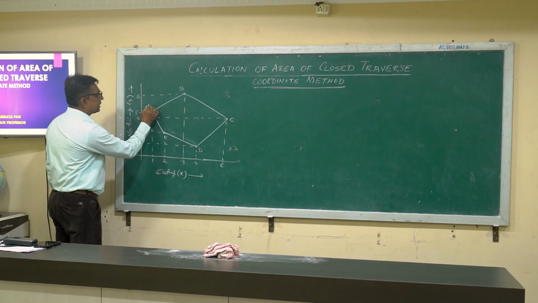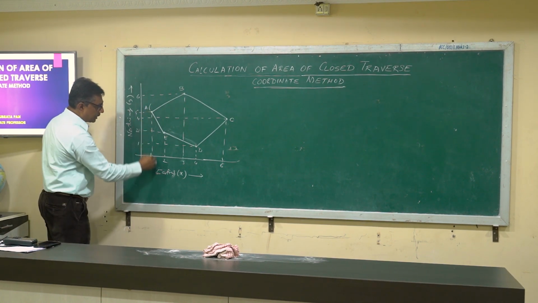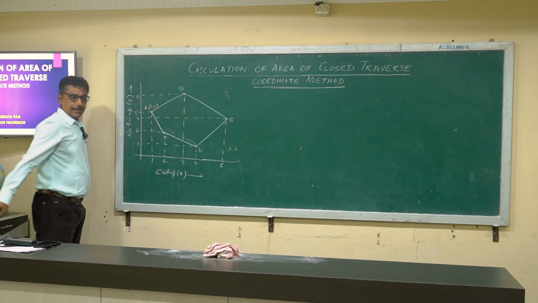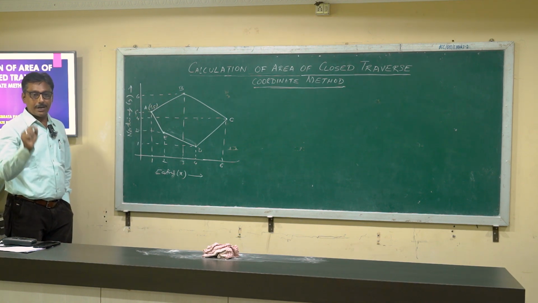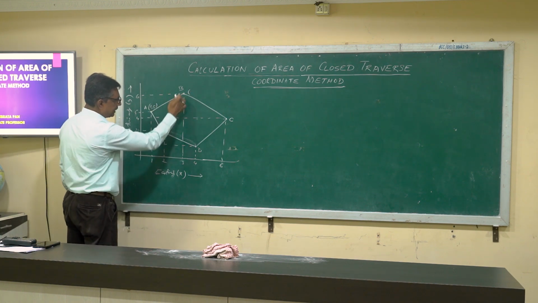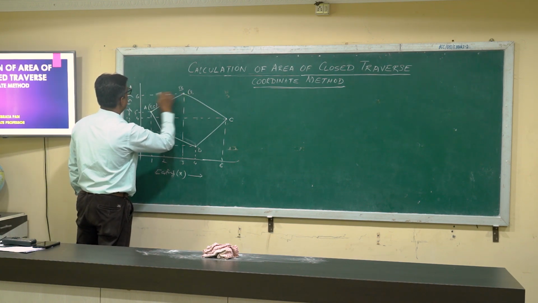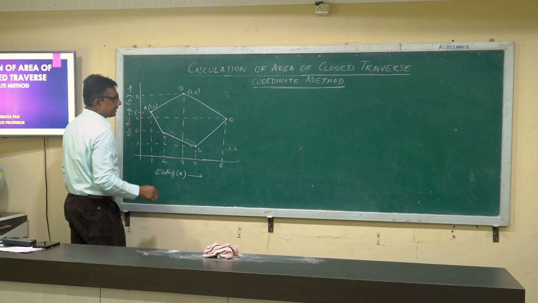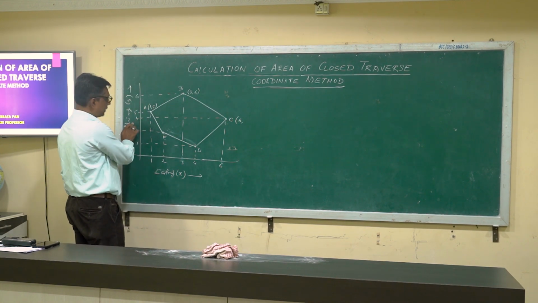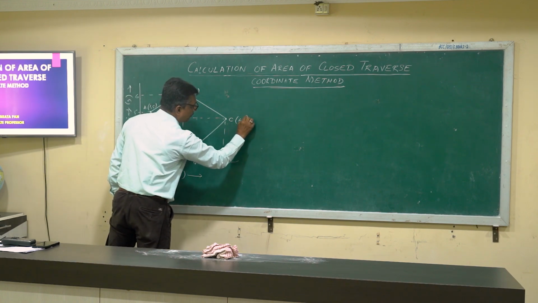Now A is the combination of coordinate 1 and 5. So A is represented by 1 and 5. B is represented by 3 and 6. C is represented by 6 and 4.